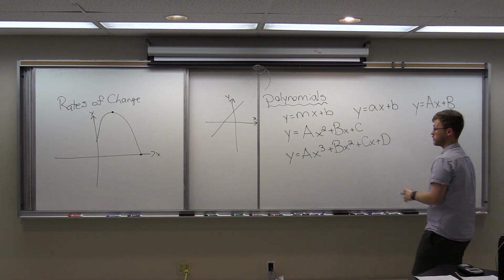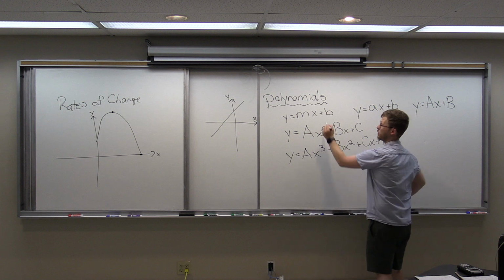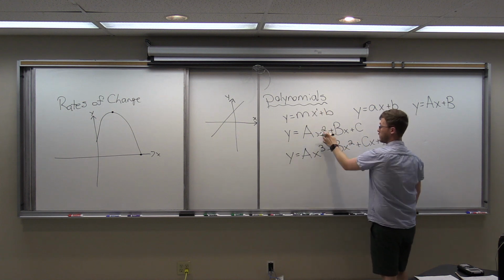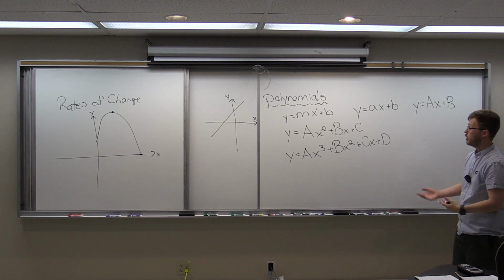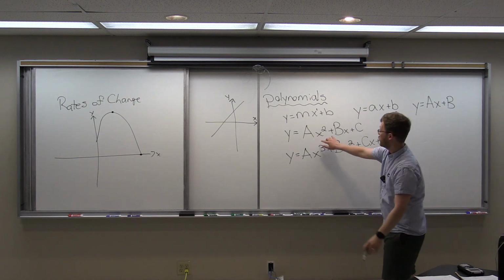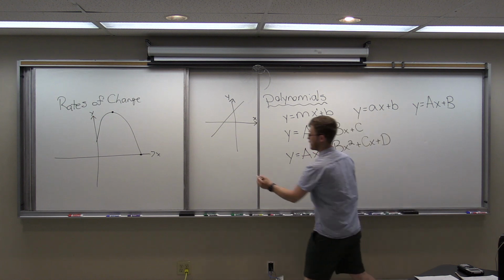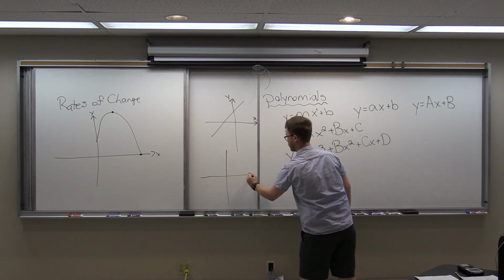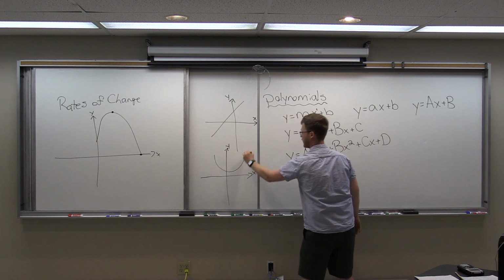The degree, of course, referring to that leading power. So here, that leading power could be just called 1. Here it's 2, here it's 3, and it can go as high as you want, honestly. And they all create different looking graphs. If you want what a parabola looks like, which is a quadratic or a second degree function, of course we would recall, if I label that x and y, that it may look something like this.